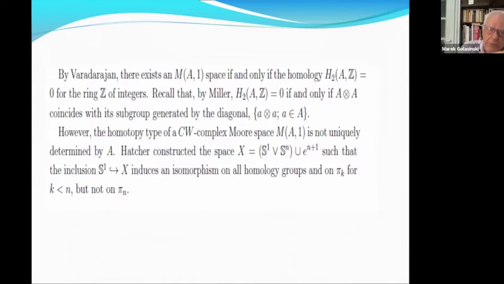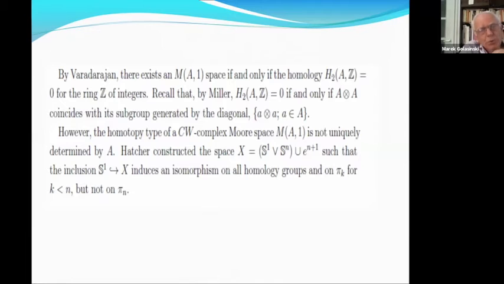So we have two Moore spaces of type Z1, which are homology spheres, but do not have the same homotopy type. So also the case M1 is quite delicate: this space does not exist for any group.